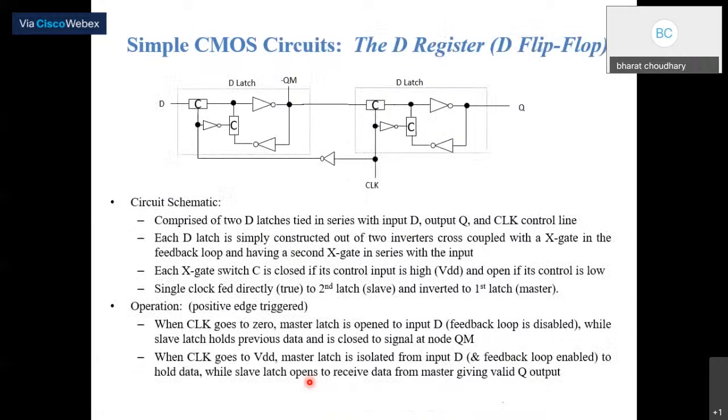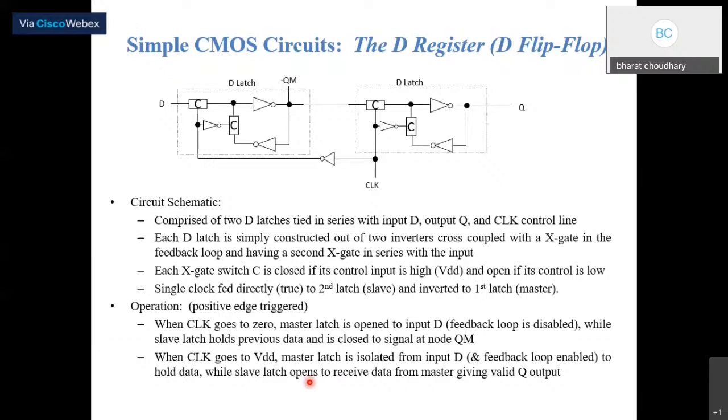Now, as far as we have discussed, we are able to implement the basic fundamental gates from CMOS logic circuits. Similarly, we can implement combinations of such gates, meaning combinational circuits.